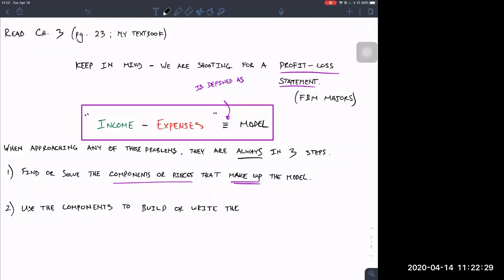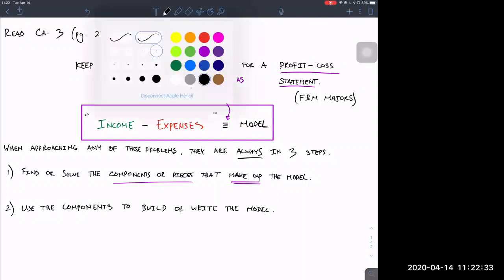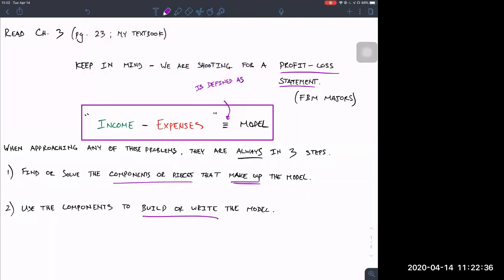Okay. Another thing to keep in mind here is that when people get to this part right here, they think that they're solving for something, and that is only half true, in the sense that you find the pieces and the components that you've taken the opportunity to solve or calculate.